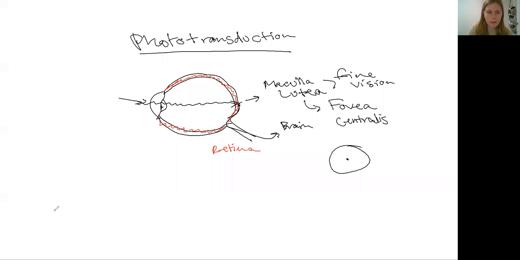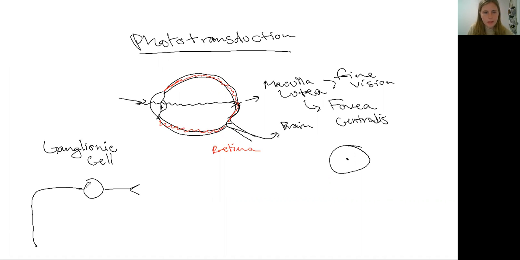So layer 1 looks like this. Okay, this is a ganglionic cell. And this side of the ganglionic cell goes all the way back to the optic nerve.